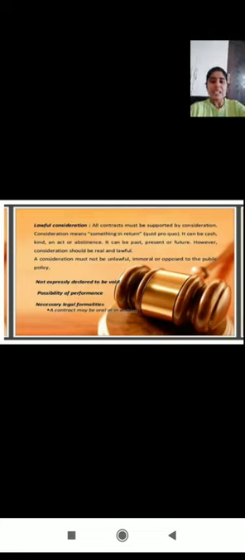In the previous example we discussed that A wants to sell his car to B. B accepts that offer and buys that car. So here A gets money from B, okay, so that is the consideration to A. And B gets a car from A, so B is also getting the consideration of the car.